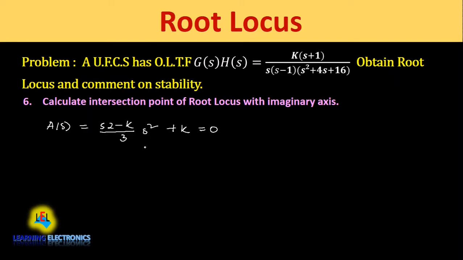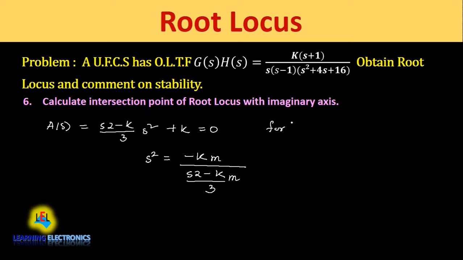So from this equation we will get s square is equal to minus k divided by (52 minus k) divided by 3. Now we have to put the marginal values of k in this equation of s square. So here we have to take two marginal values of k.